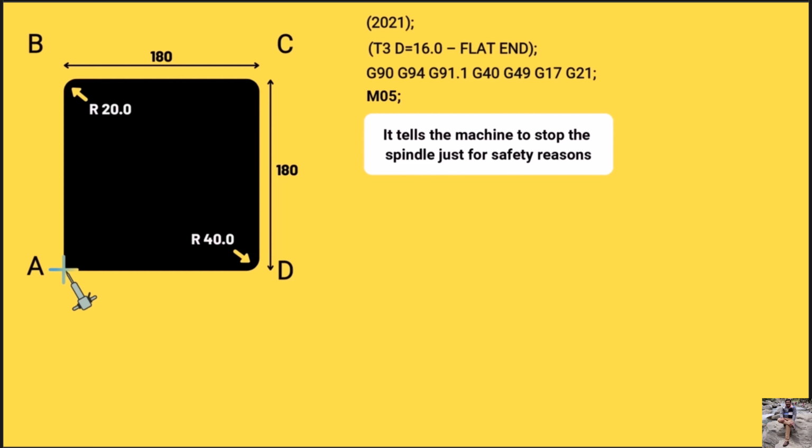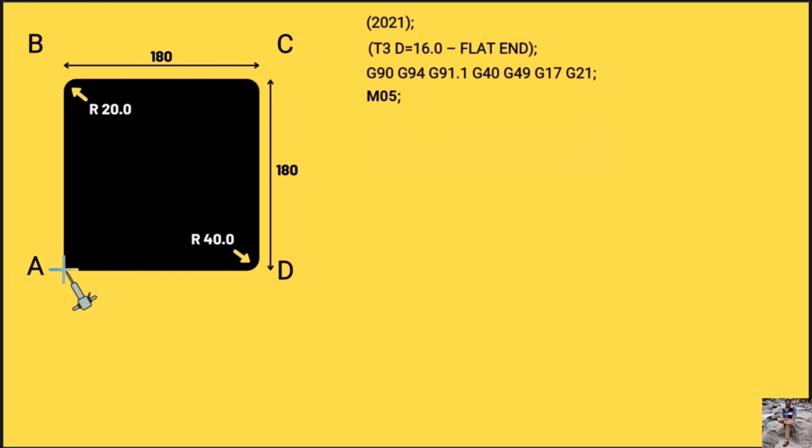That is, if by mistake the spindle was running, this code will stop it so as to save the machine and workpiece altogether. Now, all the M codes and G codes that start with a 0 can also be written by omitting the 0, as M5, and the machine will read it just fine.